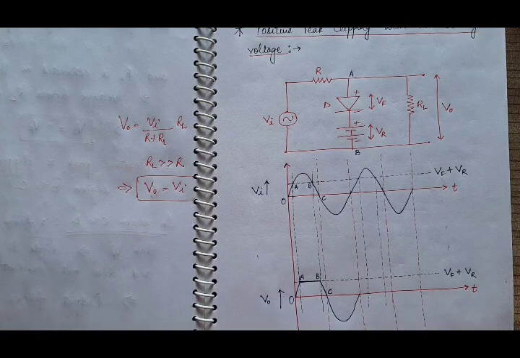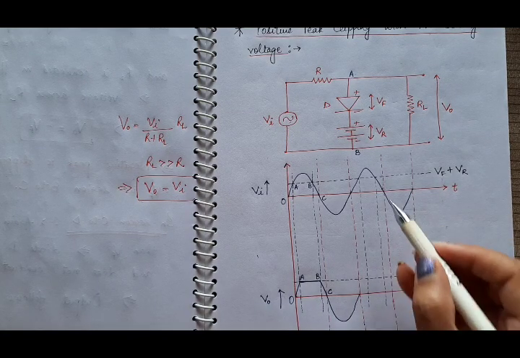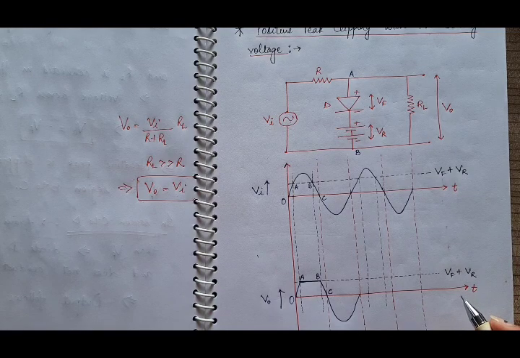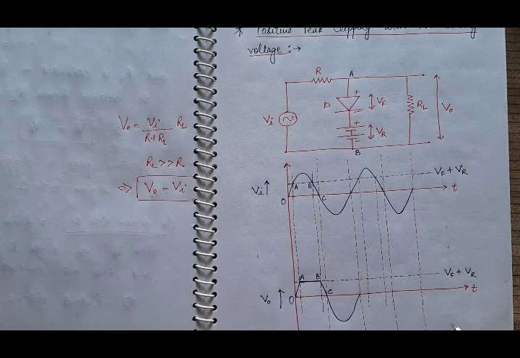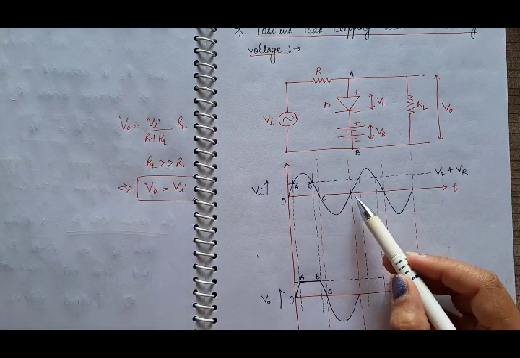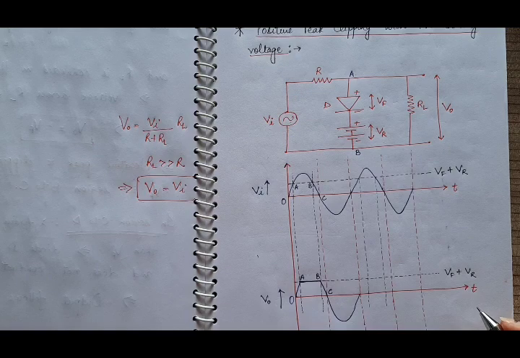Then again, during the positive half cycle of AC input, the output will behave in the same way as in the first positive half cycle. The behavior of this circuit towards this type of input signal will be the same for all the coming cycles.